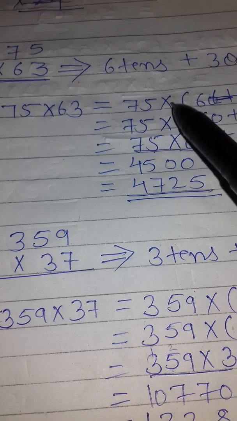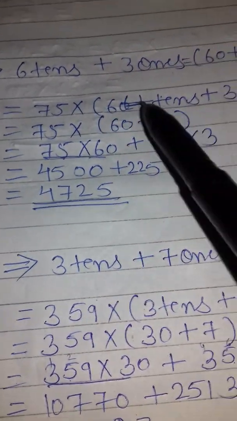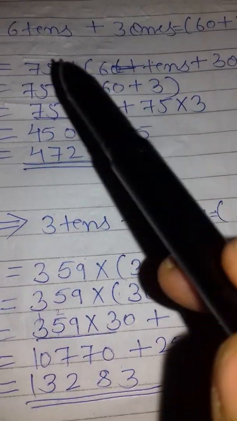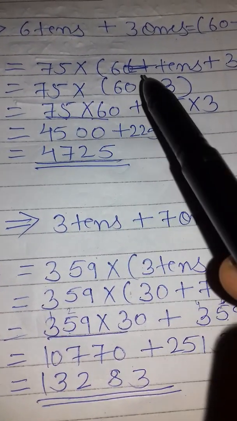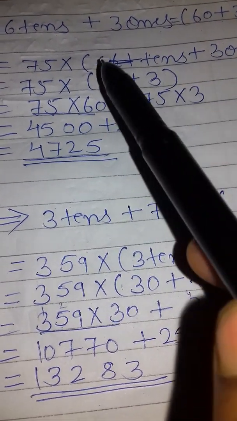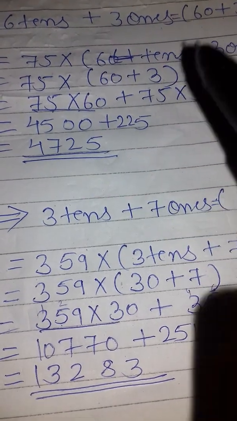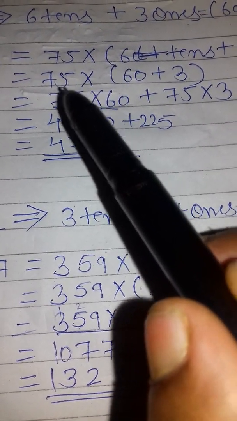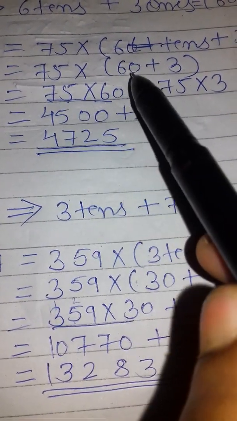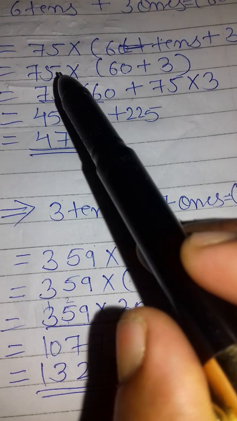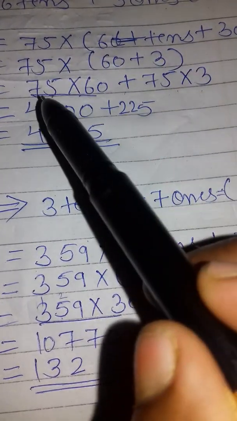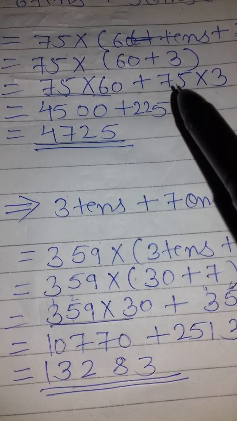So 75 into 63 means 75 into 6 tens, which is 60, plus 3 ones, which is 3. Keep this multiplier in a bracket. Now this 75 we will multiply with both these numbers. So 75 into 60 plus 75 into 3. Now we have opened the bracket and multiply all the numbers together.